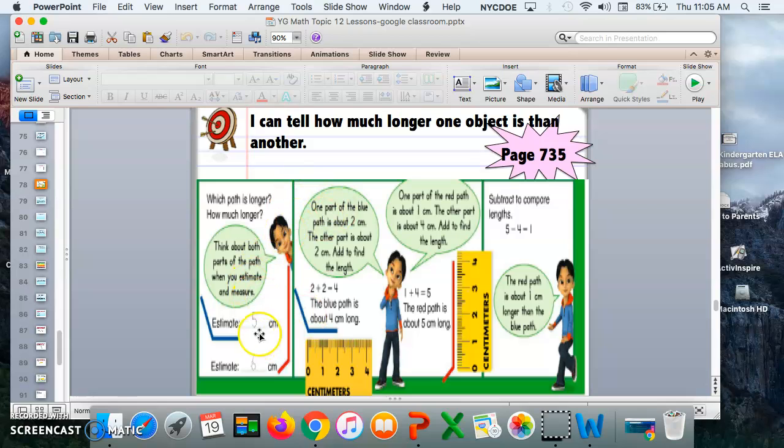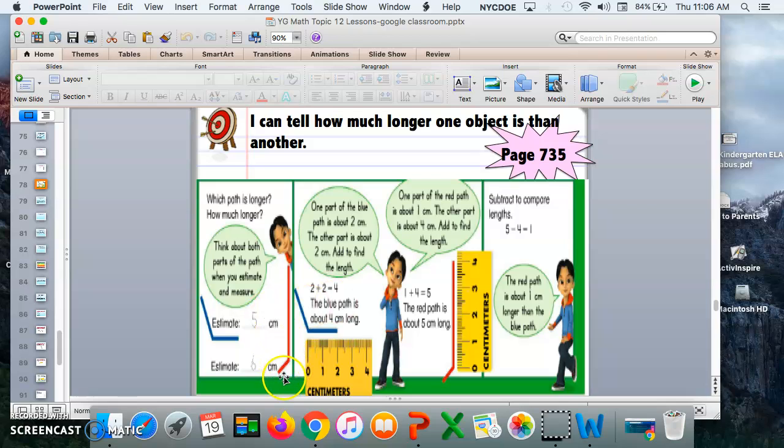So again, you can estimate. If you're going to see which path is longer, first you're going to measure from here to here, and then from here to here, and you're going to put it together. So say, for example, this from here to here is about 2, and then from here to here is another 2 centimeters. That means 2 plus 2 is equal to 4.